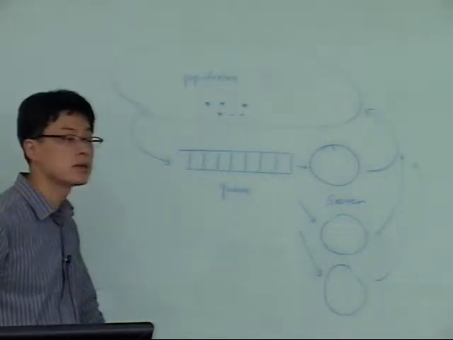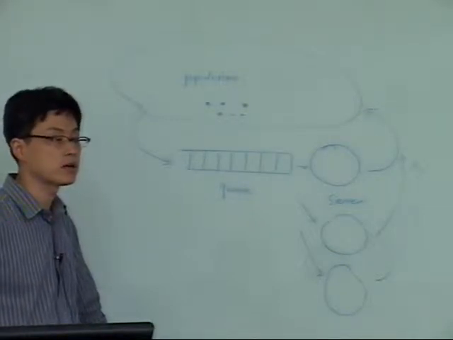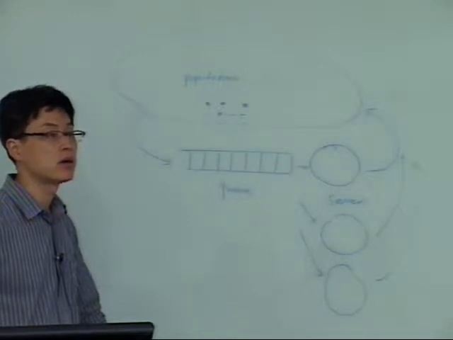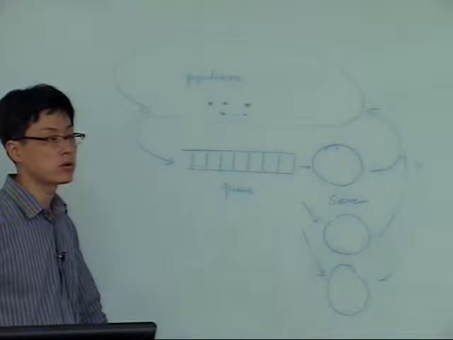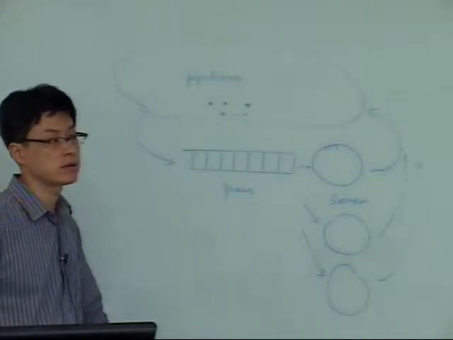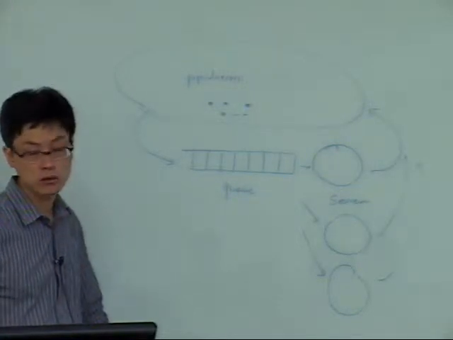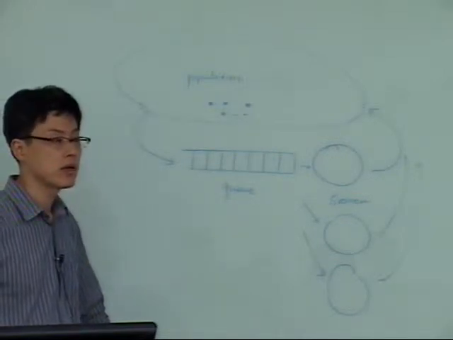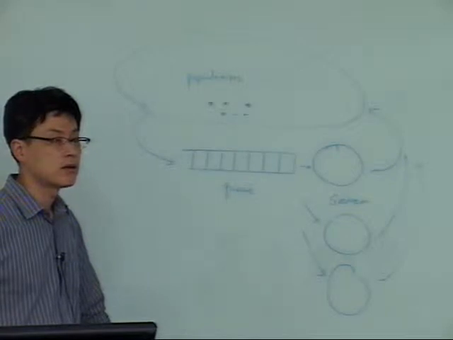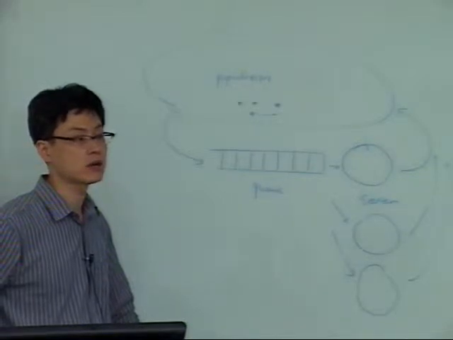And as you can easily see, there is usually a capacity of the queue, the waiting line. The length of the waiting line means the capacity of the waiting line, how many customers it can hold in that waiting line. In the real world, the capacity is limited, but in the virtual world or in our classroom case, we usually take this waiting line as having infinite capacity because it's easier to analyze.